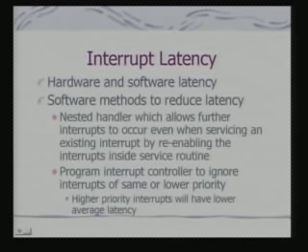Since I am using a nested handler, the IRQ bit is now cleared. So, that interrupt will occur and I shall now service the interrupt of the higher priority device. What is the effect? The average latency of a higher priority device is less compared to that of a low priority device.